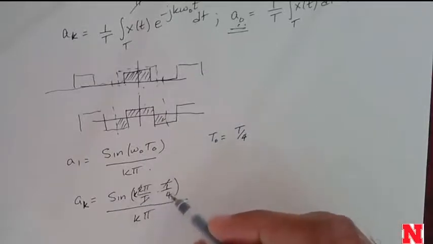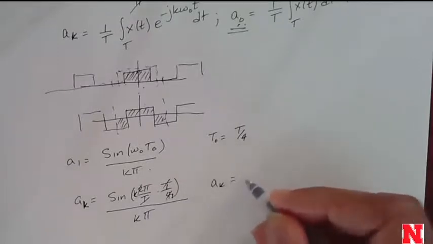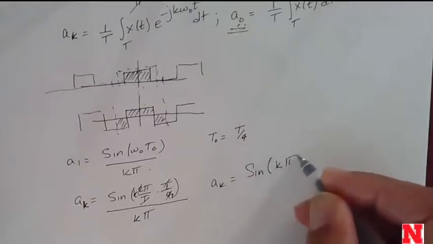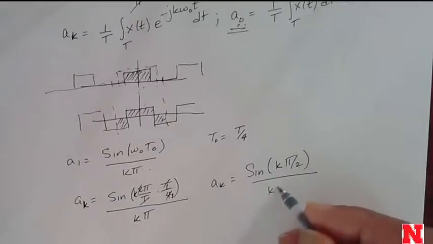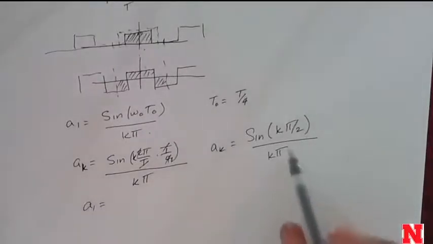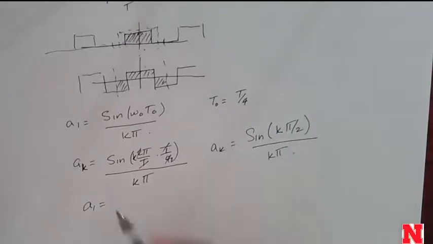The 2 goes into here 2 times. So A sub K would now be sine of K pi over 2 divided by K pi. Right? So A1, we can see from here, would be sine of pi over 2, which is 1, divided by pi. So A1 would be 1 over pi.